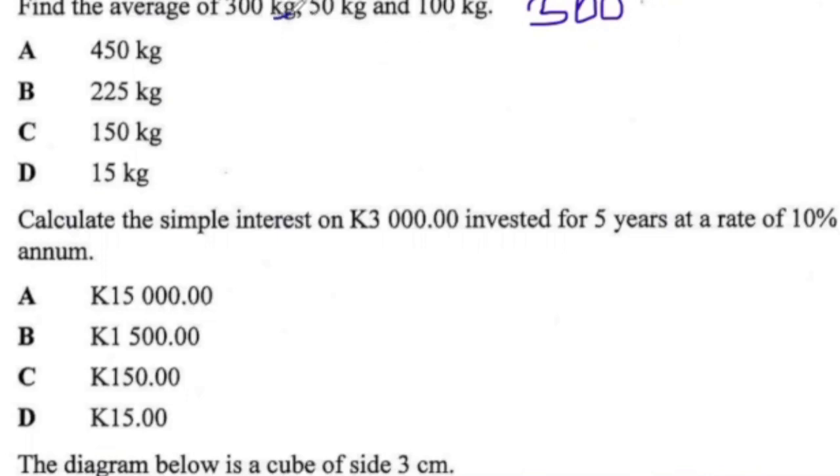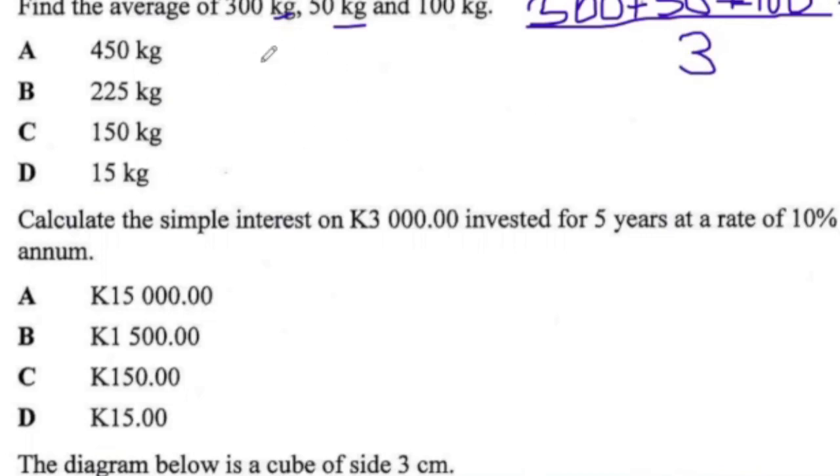I'm going to ignore the units a bit, because I know the unit is going to be the same. So it's going to be 300 plus 50, then plus 100. Once you have added all the items, you then divide by their total number. If they are 10, you divide by 10.